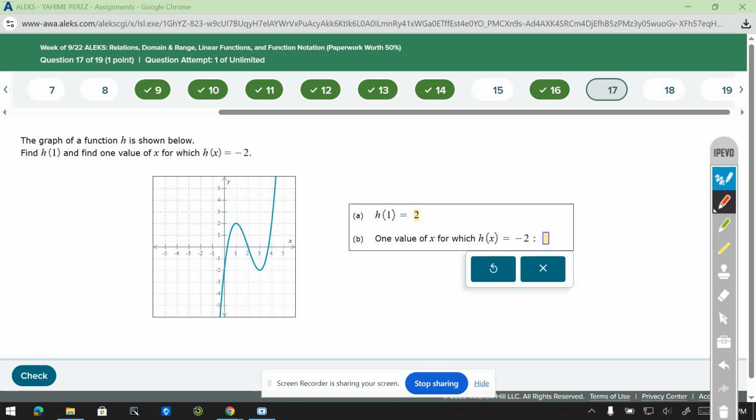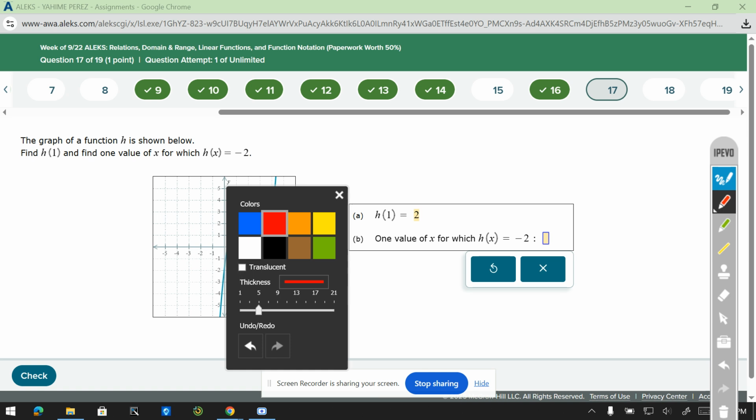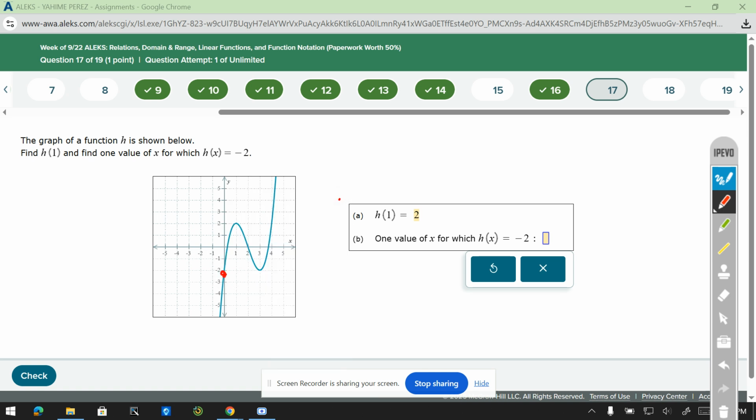So when y is equal to negative 2, it's right here. And luckily, the graph actually goes through that exact point. So that point is 0, negative 2. So when y is negative 2, x is 0.